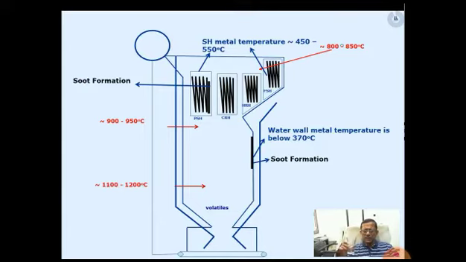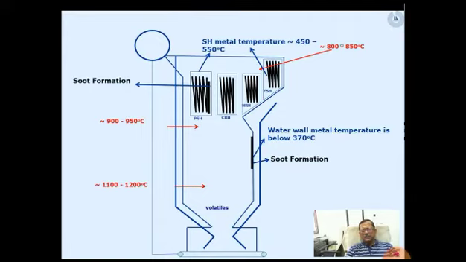But the first thing we need to understand is that whenever there is soot formation, it is because of improper combustion. There are combustibles which were supposed to take part in combustion, which did not. So there is a combustion mistake.